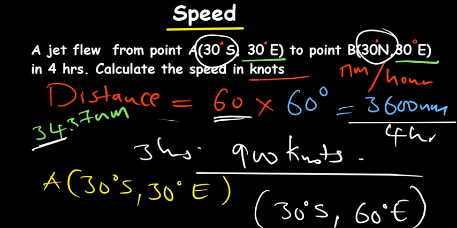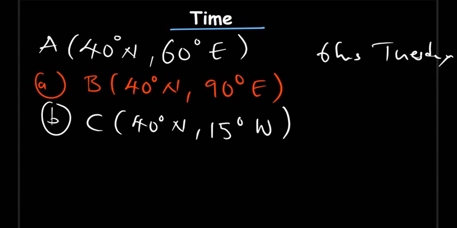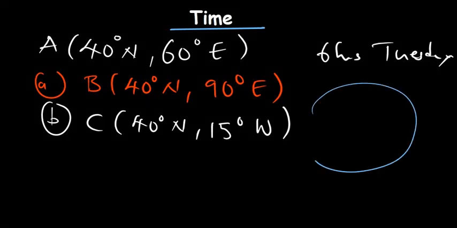One of the most interesting concepts when you're discussing Earth geometry is time. When you look at the Earth, if I was to draw a rough sketch of the Earth, one thing that you need to understand is time only changes when you change the longitude. So everybody whose location is on the same longitude shares the time.